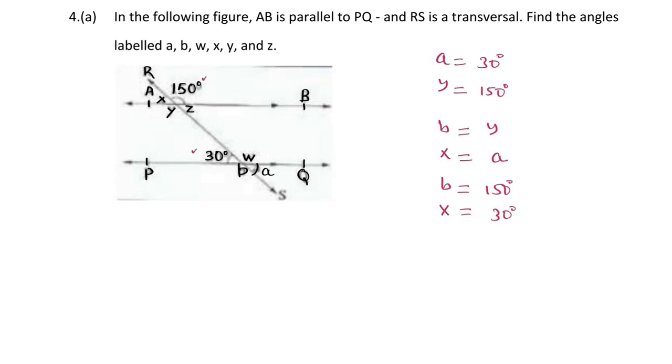Okay, so next we say angle W equals 150 degrees because they are corresponding angles. And also we say angle Z equals 30 degrees because they are alternate interior angles. And those are going to be our answers.